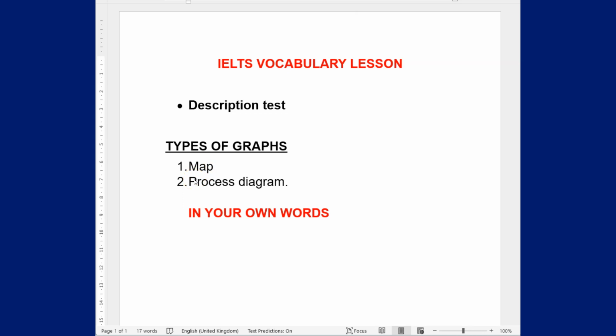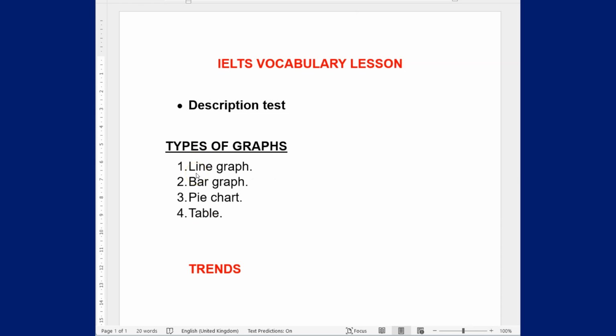We'll be explaining more about them in a different lesson, but in this lesson we'll be concentrating on the first four: line graph, bar graph, pie chart, and table. And then we'll be concentrating on describing trends.